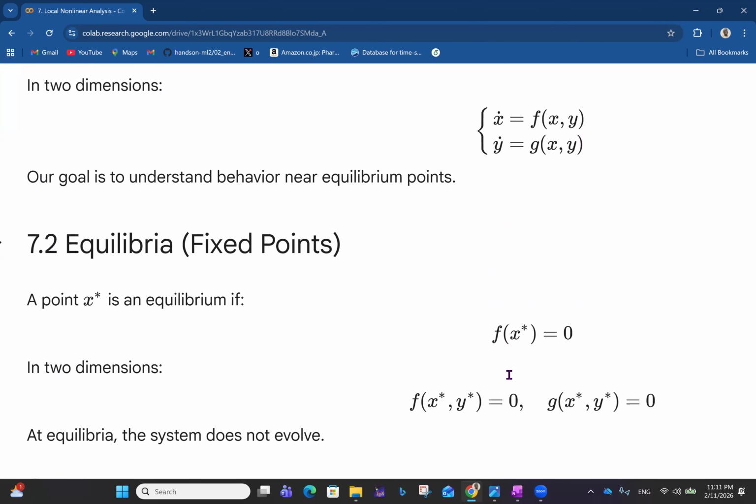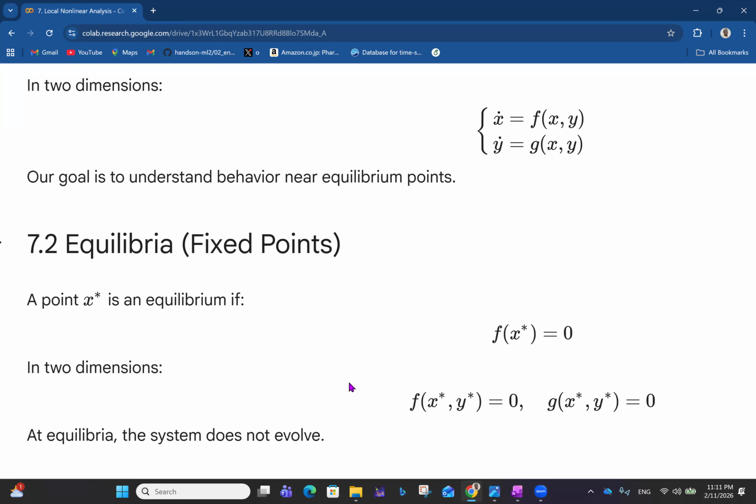Again, we've been talking about equilibria before now. So for equilibria, we talk about fixed points. A point x star is an equilibrium if f of x star is equal to 0. That is, if you have a function and you equate it to 0, the values you get are the equilibrium points for this kind of f of x comma y. That is the right-hand side of dx/dt, dy/dt, like that. Same for g of x comma y.